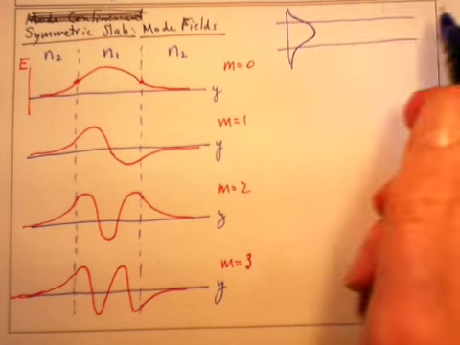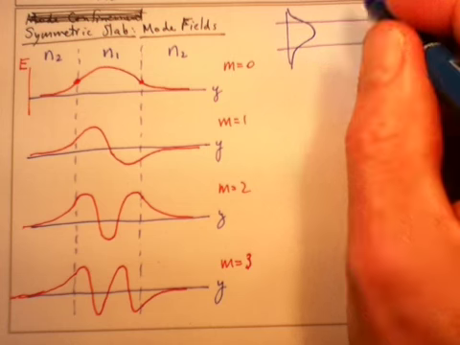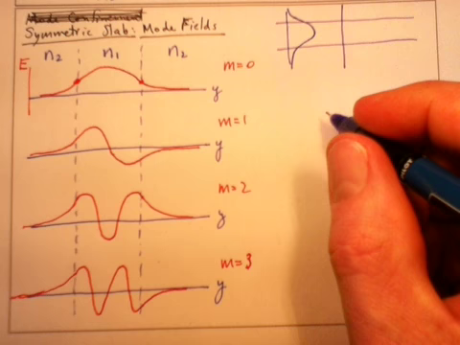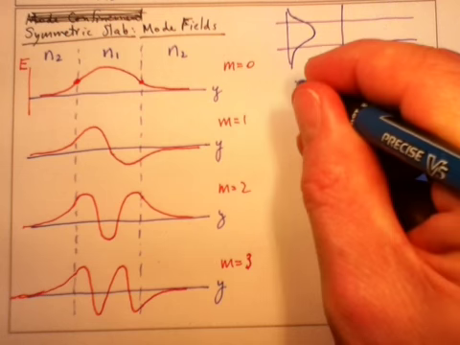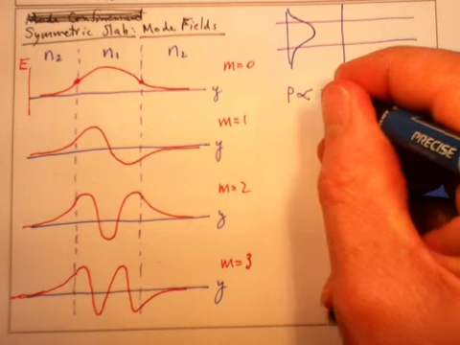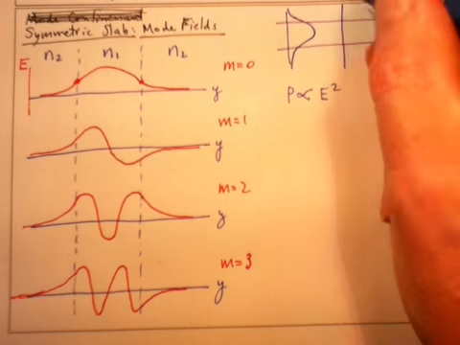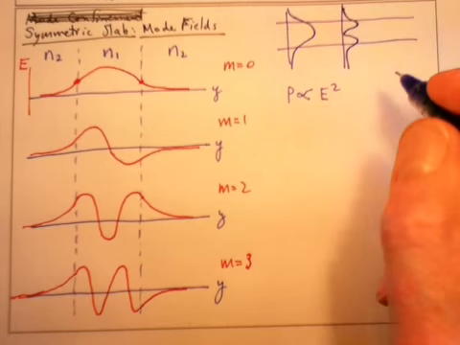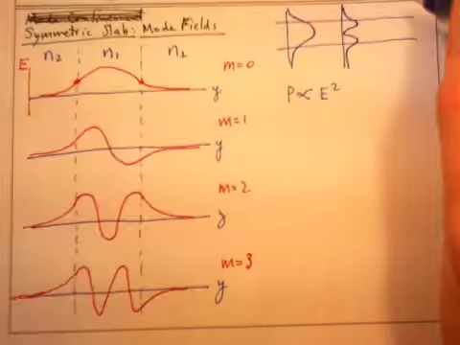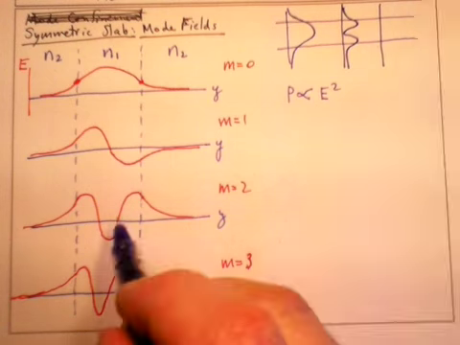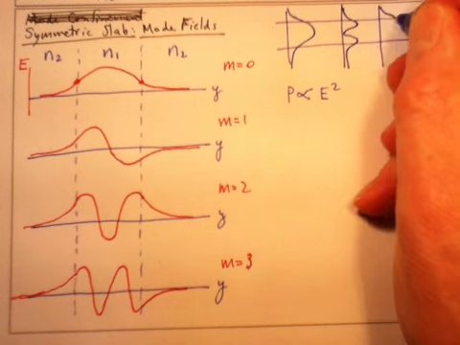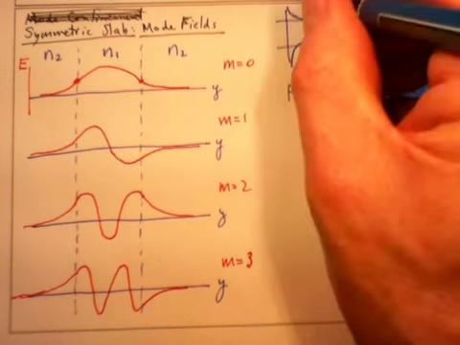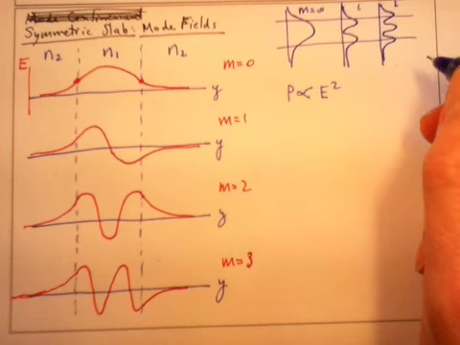Okay, the second order mode, because the power is proportional to the square of the electric field, the second mode tends to look like two bumps, two little lumps of light, and the third mode, 1, 2, 3, etc. Okay, so this is a plot of the power.